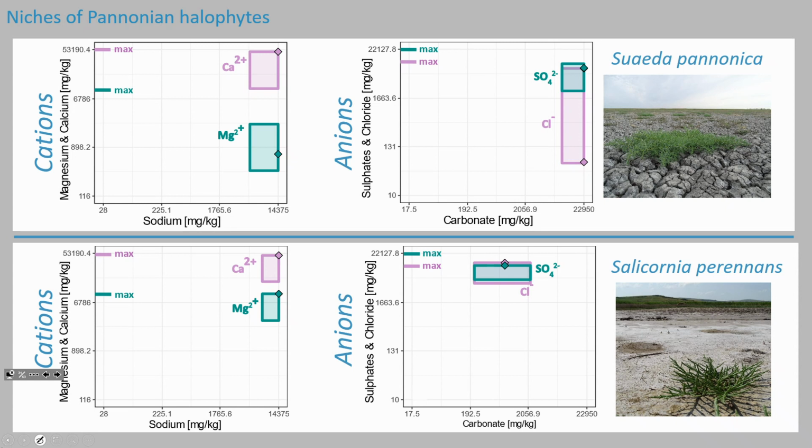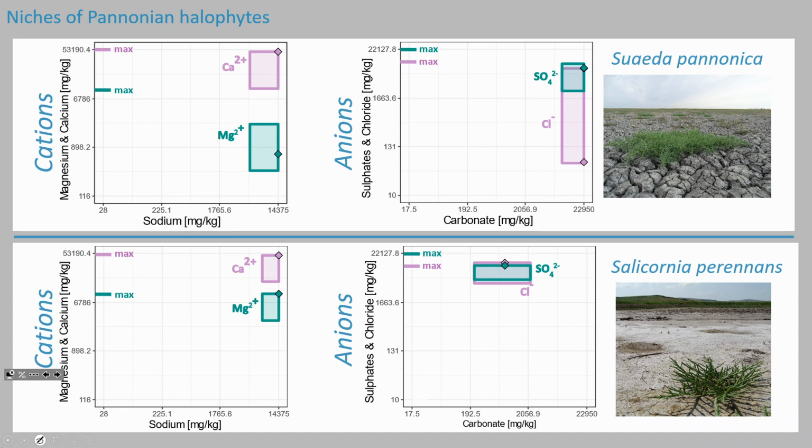And this picture is very different when we look at Salicornia. We were wondering in the field that in some of those salt pans we saw there was no Salicornia at all, and suddenly in some others there was Salicornia growing, and we couldn't really understand why this is.